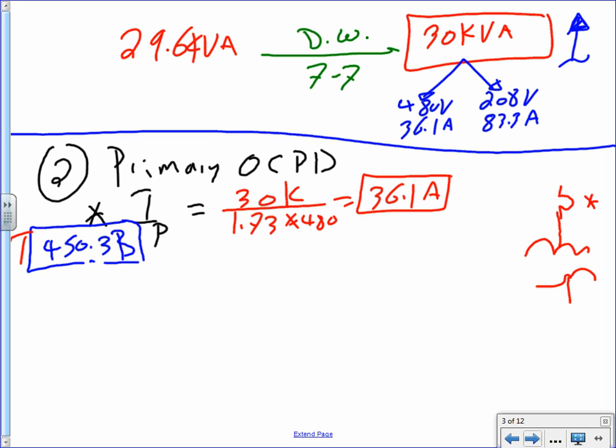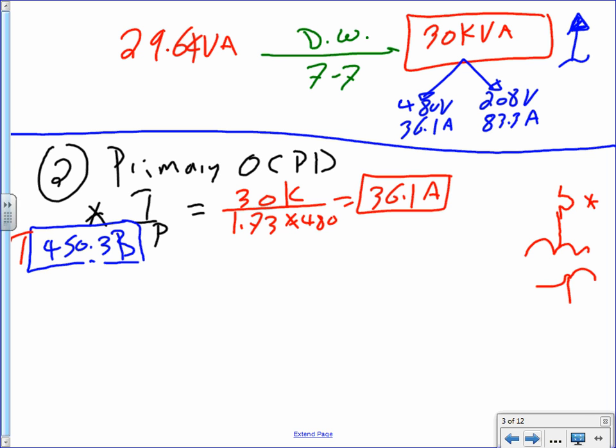Now, we have gone to this table, so I'm not going to go there. If you go to table 450.3(B), this is the table where both the primary and the secondary are below 600 volts. If you go there to size the overcurrent protection device at the primary of the transformer, you take the primary current and multiply it by what?